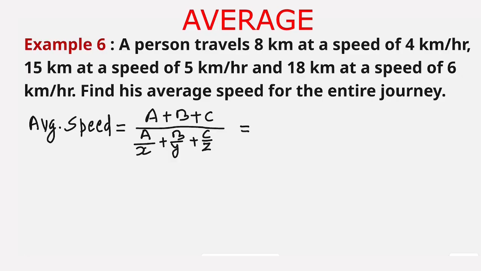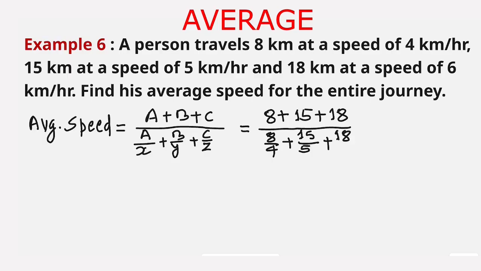A equal to 8 km plus B equal to 15 km plus C equal to 18 km, divided by the time for 8 km, which is 8 upon 4, 4 being the speed, plus B upon Y, which is 15 upon 5, and C upon Z, which is 18 upon 6.